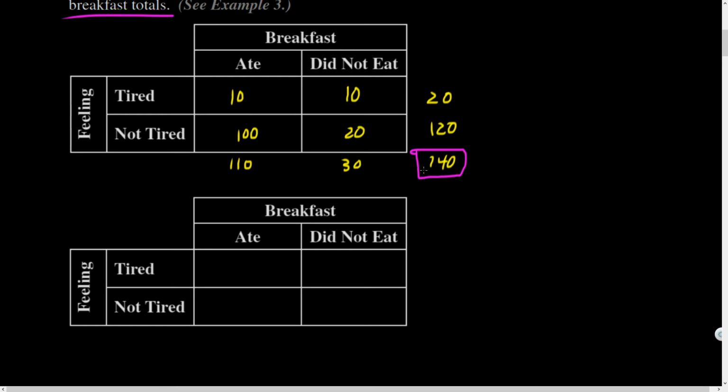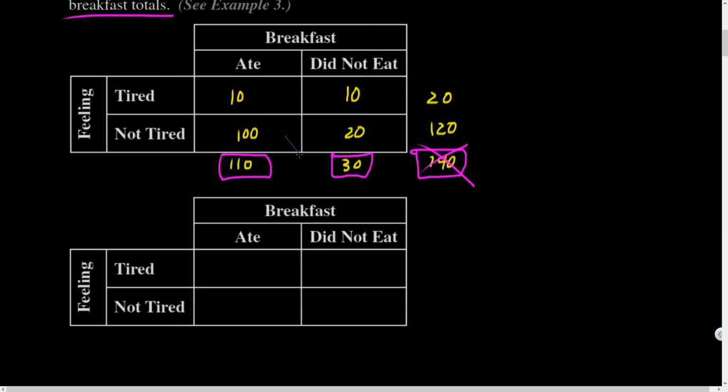If I did 10 over 140, that would be a joint relative frequency. If I did 20 over 140, that would be a marginal relative frequency. But if I'm not using this, and I'm working based on the breakfast totals, I can actually jump right into the conditional, where I'm only looking at a column at a time.